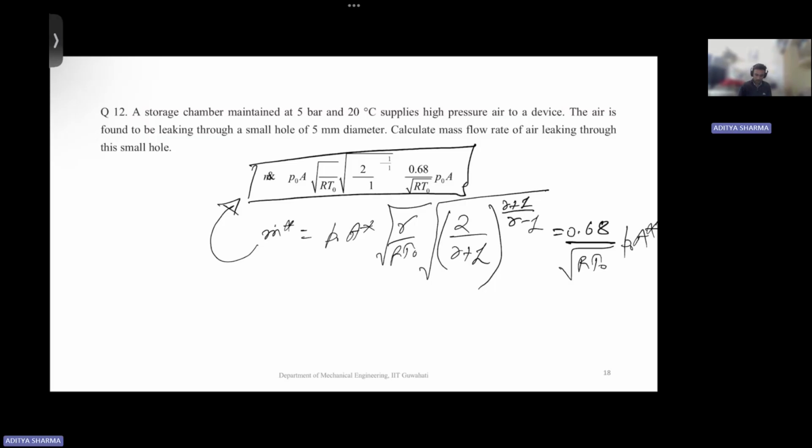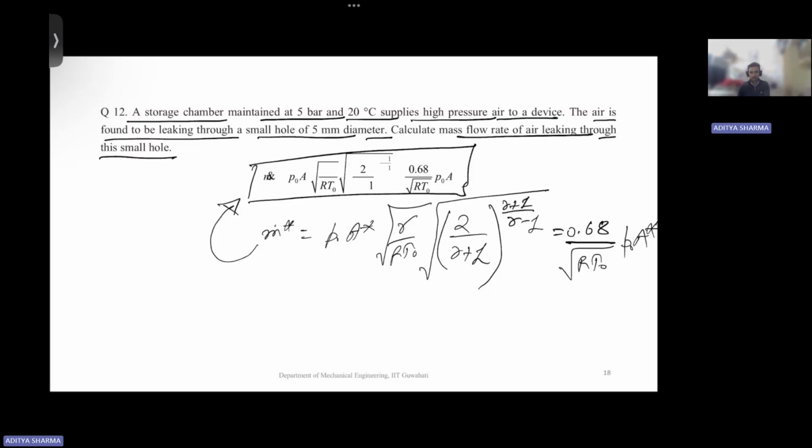A storage chamber is maintained at 5 bar and 20 degree centigrade. It supplies high pressure air to a device. The air is found to be leaking through a small hole of 5 mm diameter. Calculate the mass flow rate of air leaking through this hole.